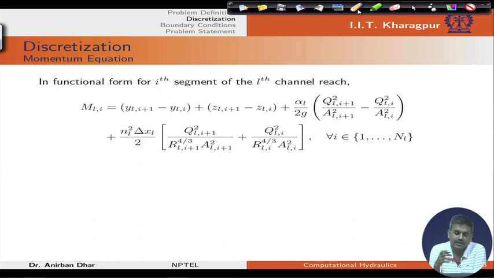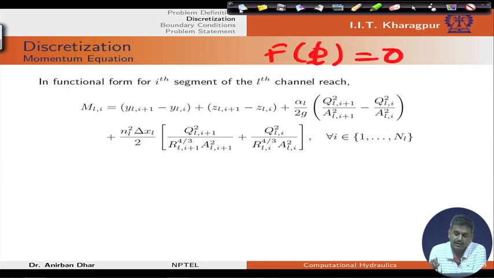For the Newton-Raphson technique, the first step is that we need to represent it in terms of some f of phi, where phi is a vector, equals 0. So, this expression we need to generate.